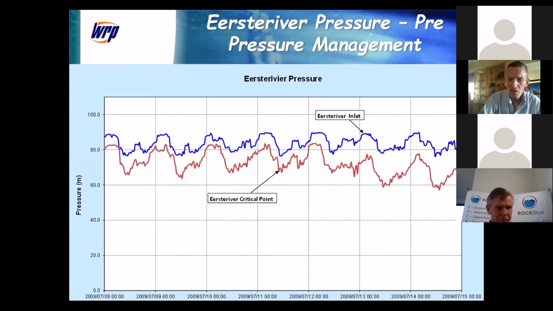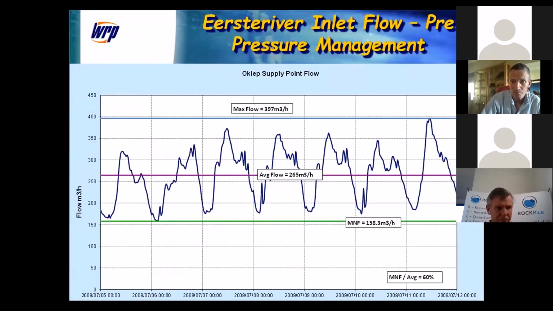Now you'll notice that both of them are very high. They're up almost 80 meters of pressure. There's not a big difference. This particular zone was perhaps a bit over-designed, and the pressure going into it was certainly very high.